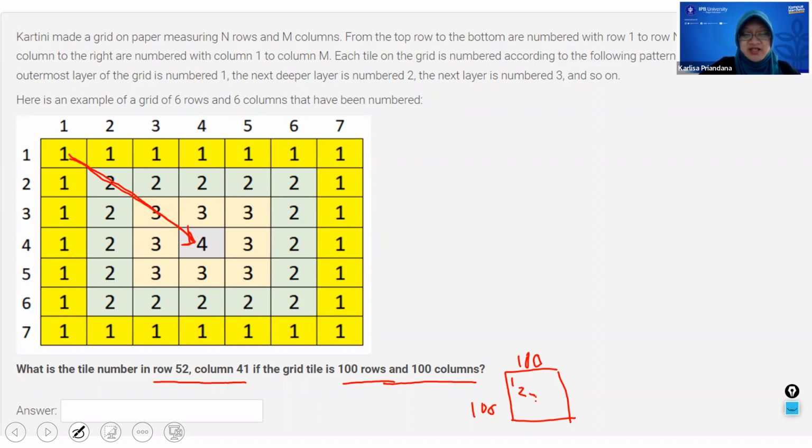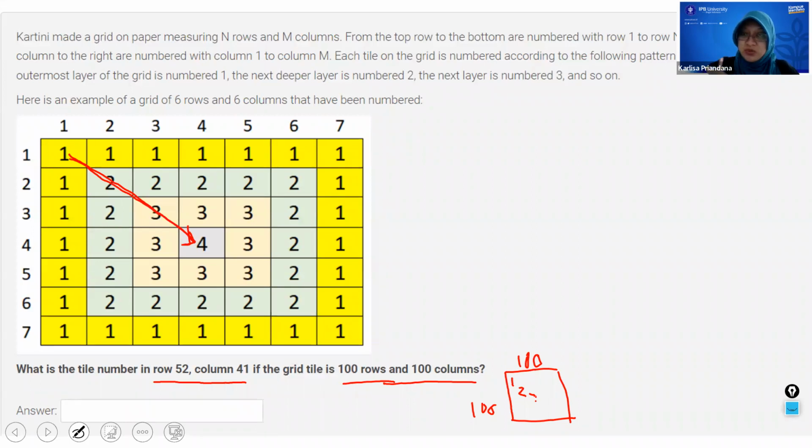When you reach column 41, the number in row 41, column 41 will be 41, right?